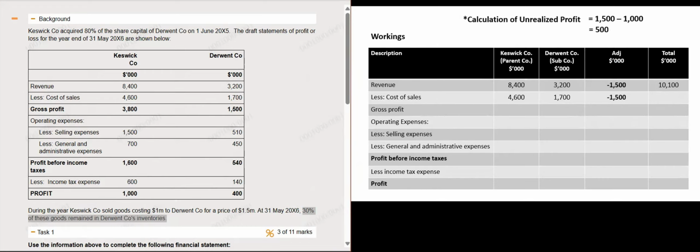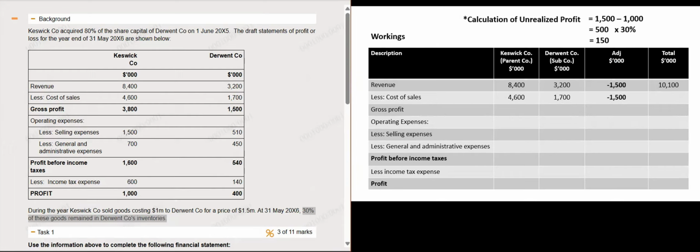Now, out of the total profit of 500,000, 70% of the profit has been realized by the group, for which no adjustment needs to be made. However, 30% of the profit, which comes to 150,000, remains unrealized and now forms part of the cost of closing inventory to Derwent. In the consolidated accounts, we are not allowed to recognize any unrealized profit.